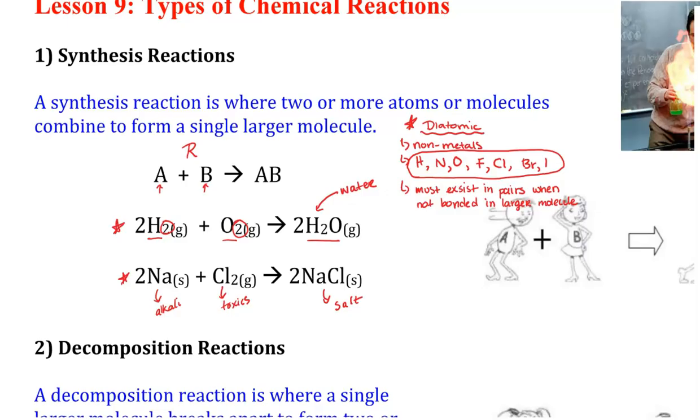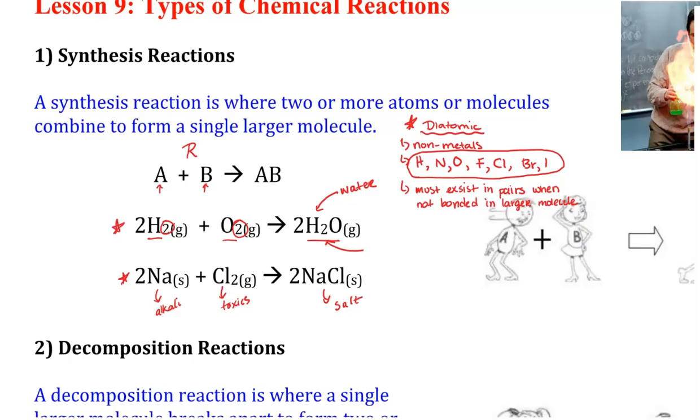If they are in some sort of larger molecule, such as H2O or sodium chloride, these rules don't apply because now there's another element they can bond to. Only when they're on their own must they have that subscript of 2. So just be aware of that, because that's something that quite often tricks people up, or they forget about that, and that would mean you got the question partially wrong.